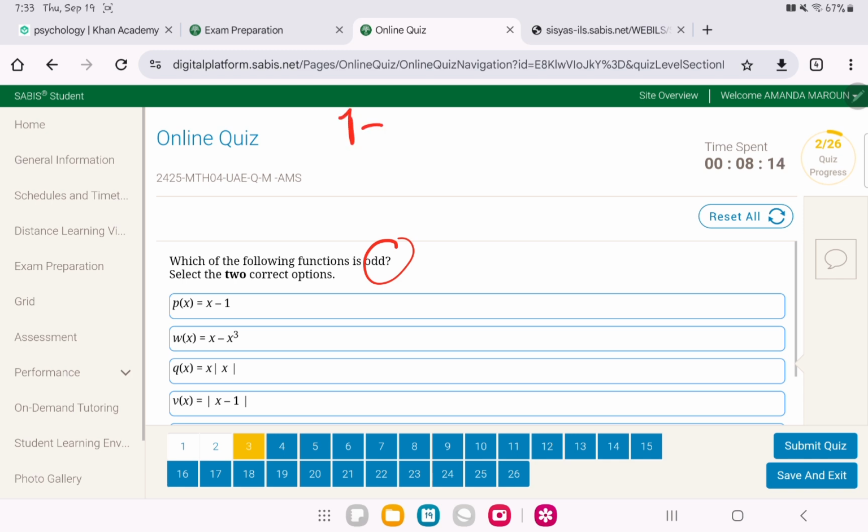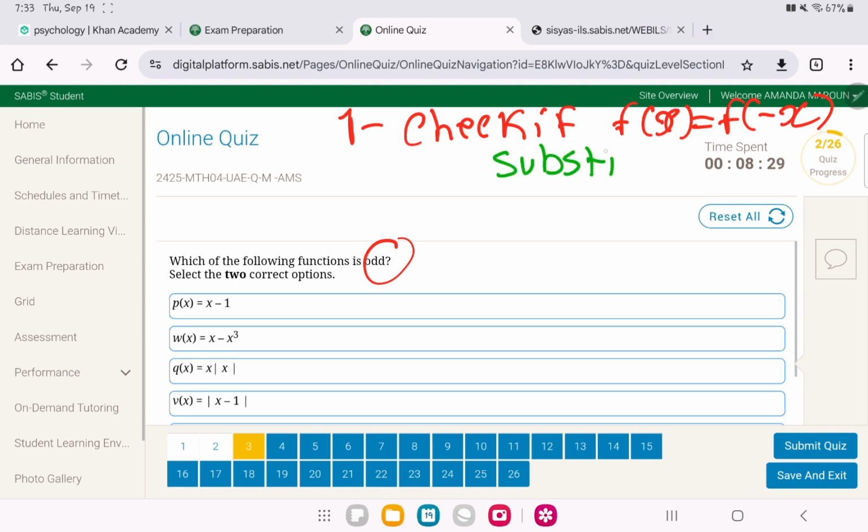First step, we have to check if f(x) is equal to f(-x), or in other terms, substitute with -x.